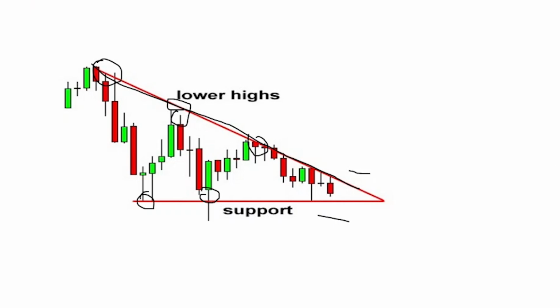Remember, when we talk about the breakout from these chart patterns, you need to set a buy stop and a sell stop. When one of those orders is activated, you cancel the other one. Okay, so now let's move to the chart.